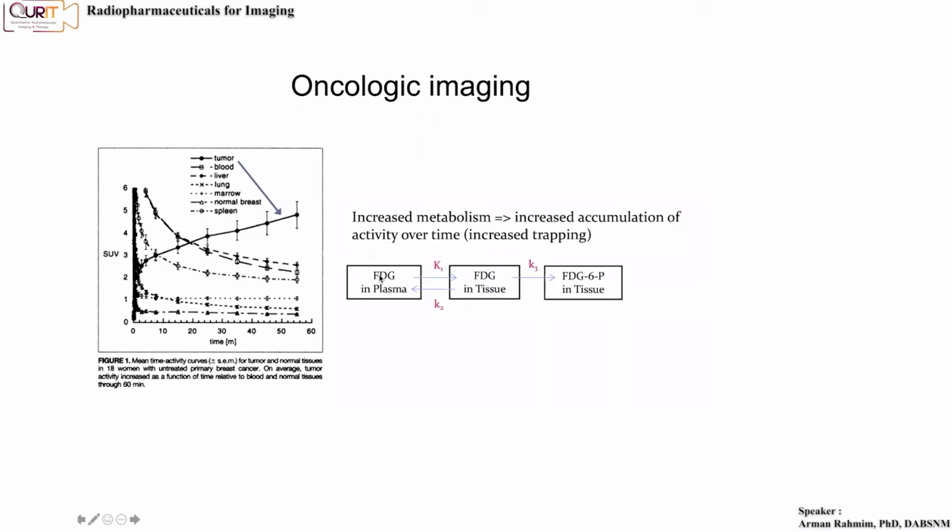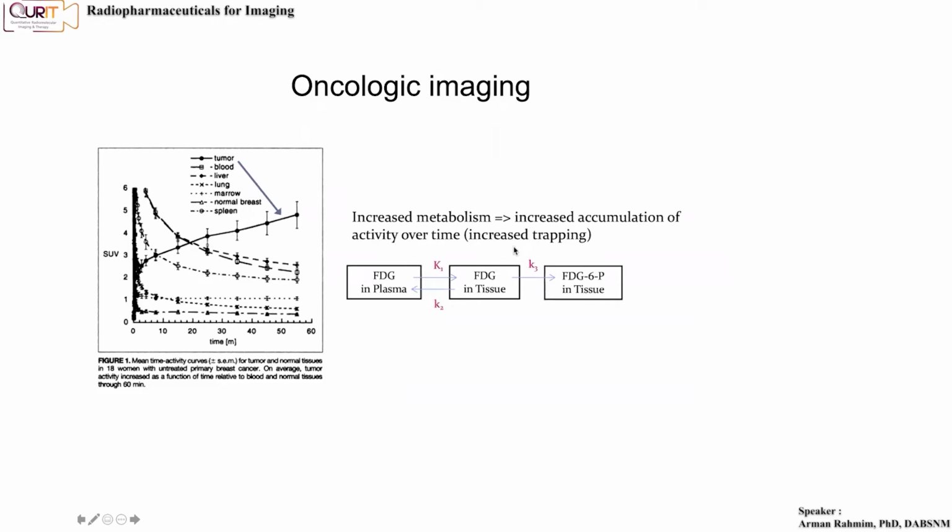That's what fluorodeoxyglucose does for you. So first, it's injected, it enters the blood, then it's taken up into tissue, and then it goes through this process called phosphorylation, where FDG becomes fluorodeoxyglucose 6-phosphate, and it actually gets trapped. So this is on the pathway of metabolism, glycolysis, but it gets trapped here, and it just accumulates.